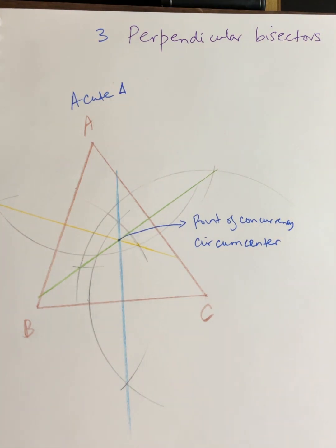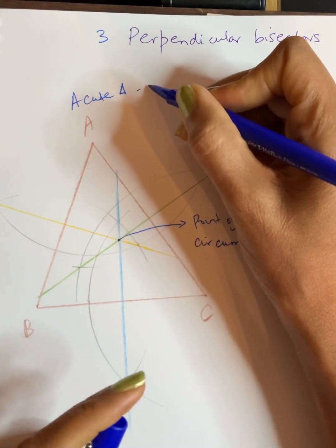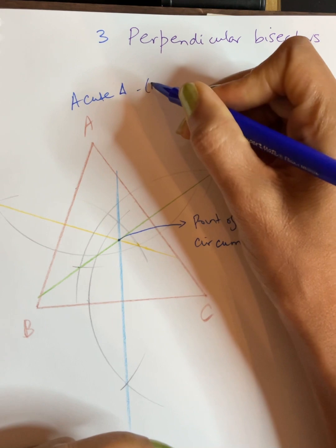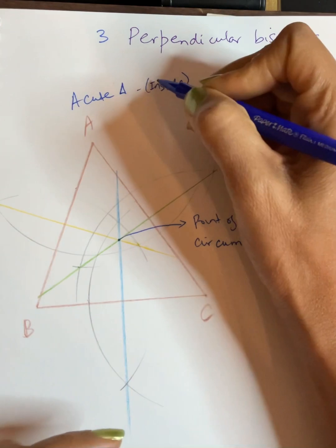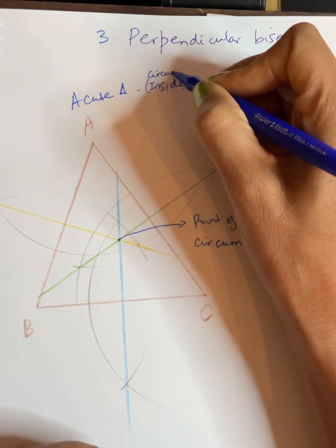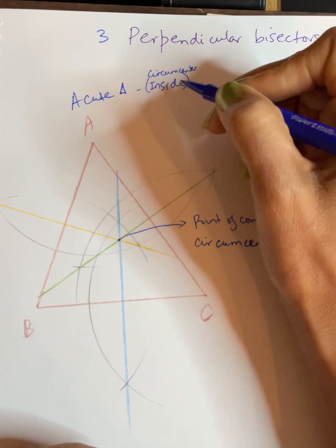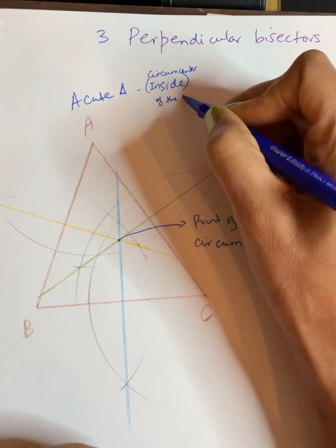It doesn't actually have to be inside of the triangle, because I'm going to show you that it's not going to be the case depending on the type of triangle, but for an acute triangle it's going to be on the inside. So for an acute triangle, you can say the circumcenter is on the inside of the triangle.